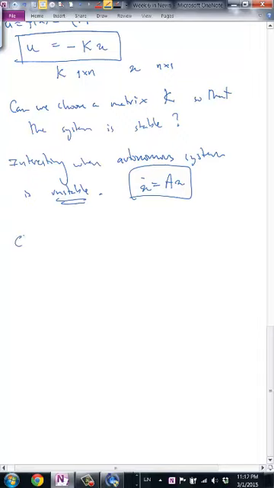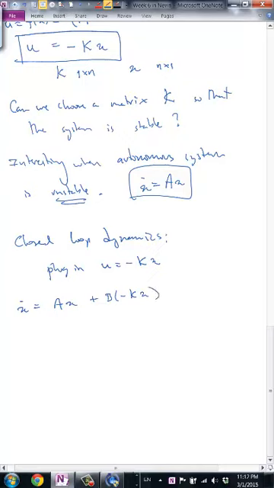So let's see what the closed loop dynamics are. In other words, if we plug in u is equal to minus Kx, we get x dot is equal to Ax plus B times minus Kx, which is equal to A minus BK times x.